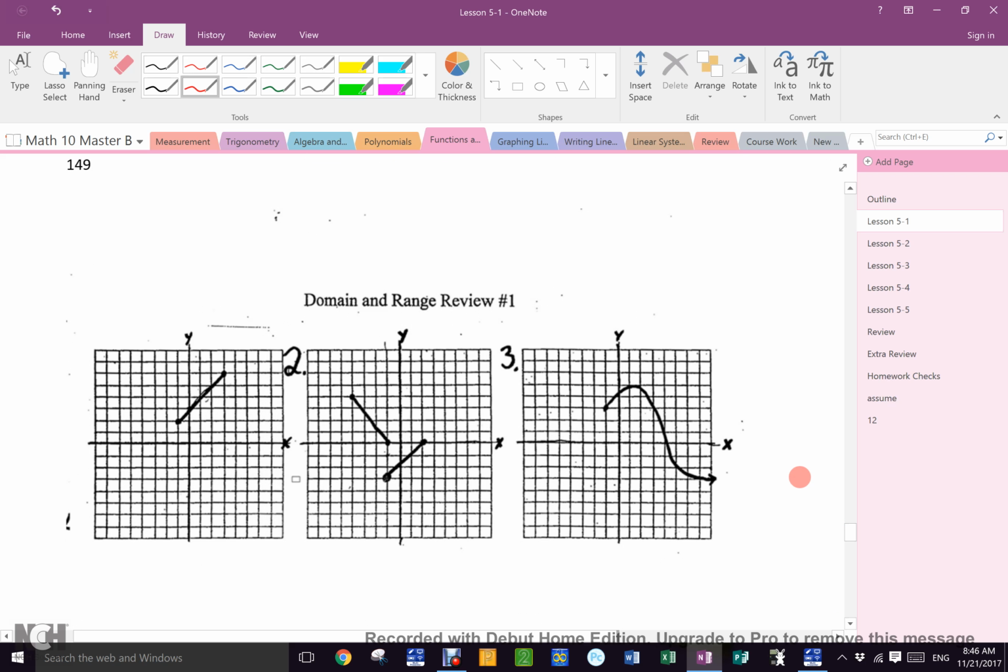Let's set a couple of these up. This one goes flat right there. It doesn't go any more down. Okay? This one, flat again. Number 5. Number 5 flattens out. And then the rest are pretty self-explanatory.